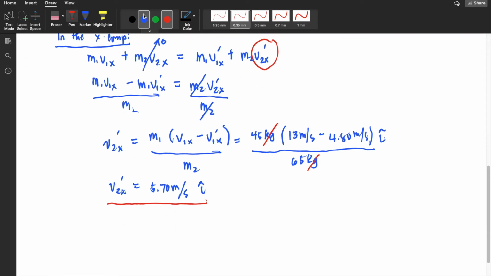Next, in the y component, as a continuation, you'll use the same equation, but you'll have to replace x with y.